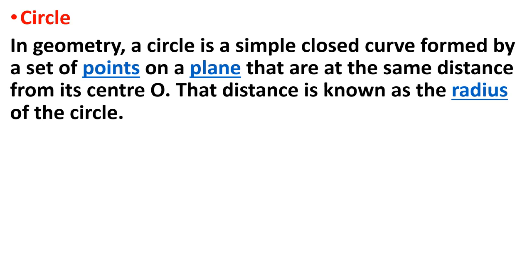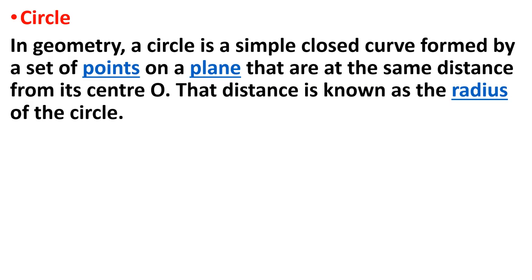It is made up of a set of many, uncountable points on a plane that are at the same distance from its center O. Whatever the center of a circle is, suppose its center is O, all these points are equidistant from the center O.